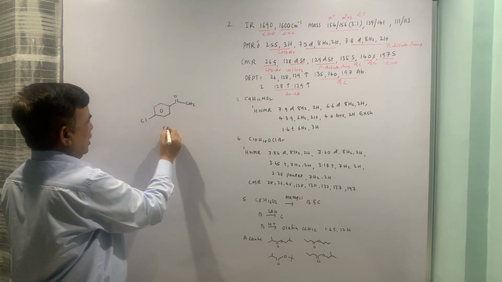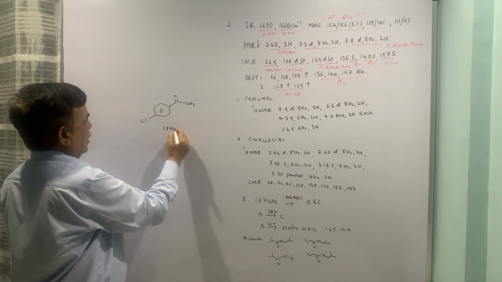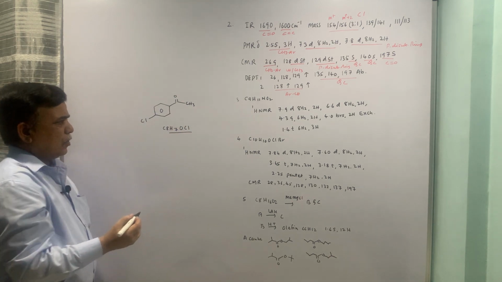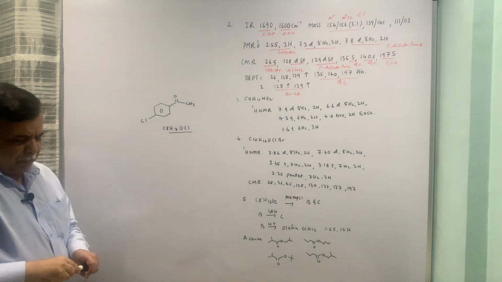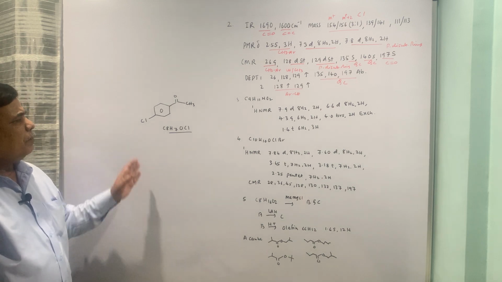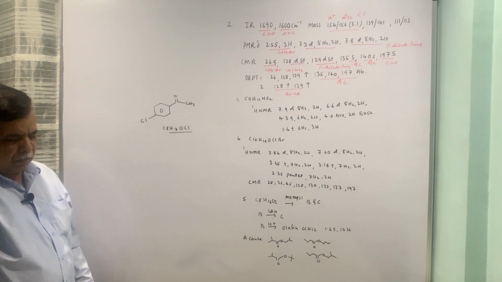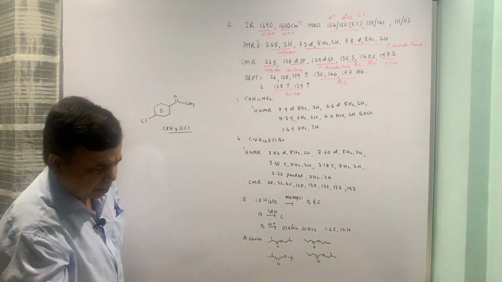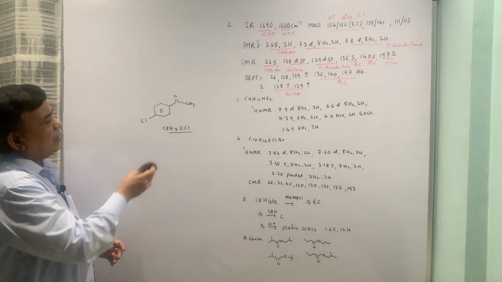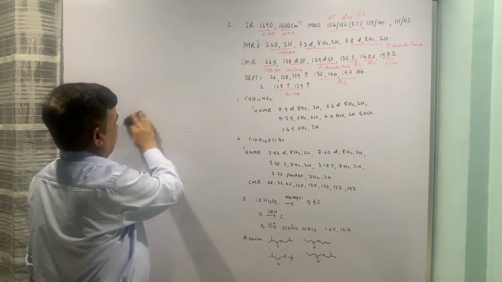So C8H7OCl. The summation comes out to be 156 or 154 depending upon the atomic mass of chlorine. That is the structure of the molecule which is given in that example.